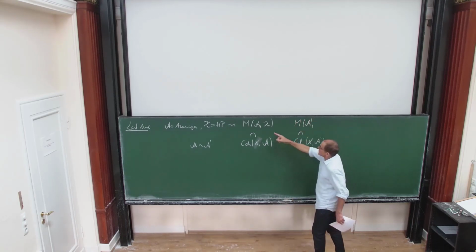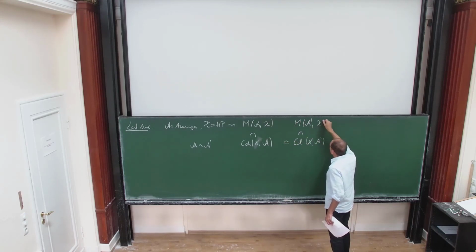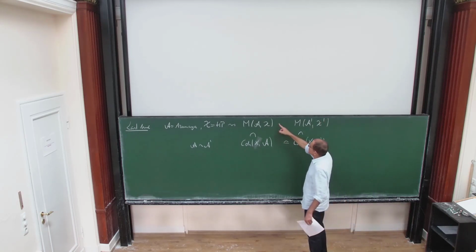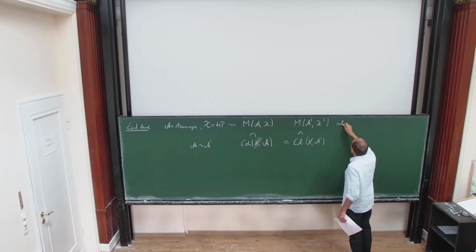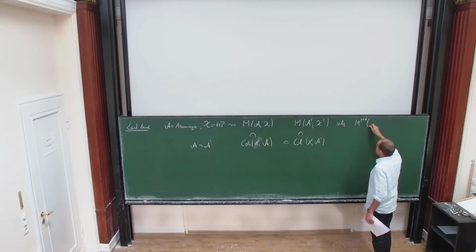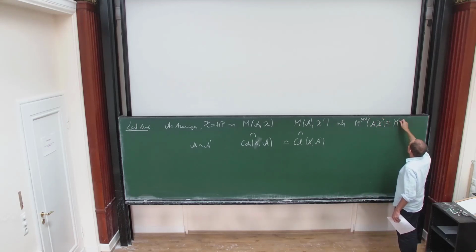In general, there's of course no reason why the Hilbert polynomial should be preserved, but there will be another Hilbert polynomial. But then this is in general not an isomorphism because these moduli spaces use Gieseker semi-stability. So we only have an isomorphism between the mu stable parts on the two sides.